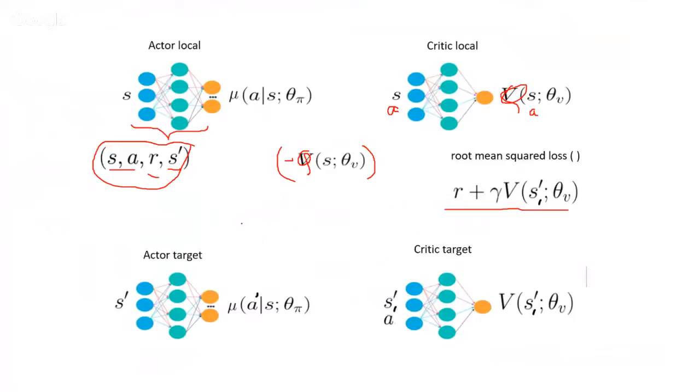So this S prime is sampled from the replay buffer, and similarly this S and A that goes into critic local is also sampled from the replay buffer, to first train your critic local.